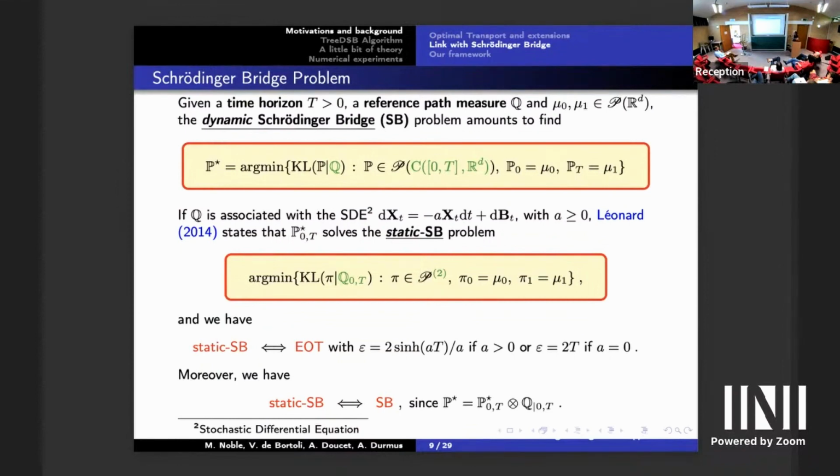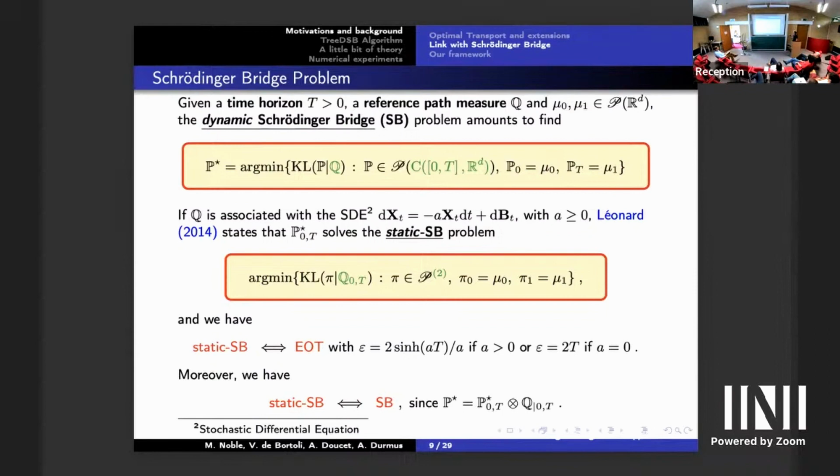You simply consider the coupling between time 0 and time T, and you're going to solve something way simpler, just a measure with 2 variables, which have these constraints, nu0 and nu1, and you consider the coupling of your reference path measure.